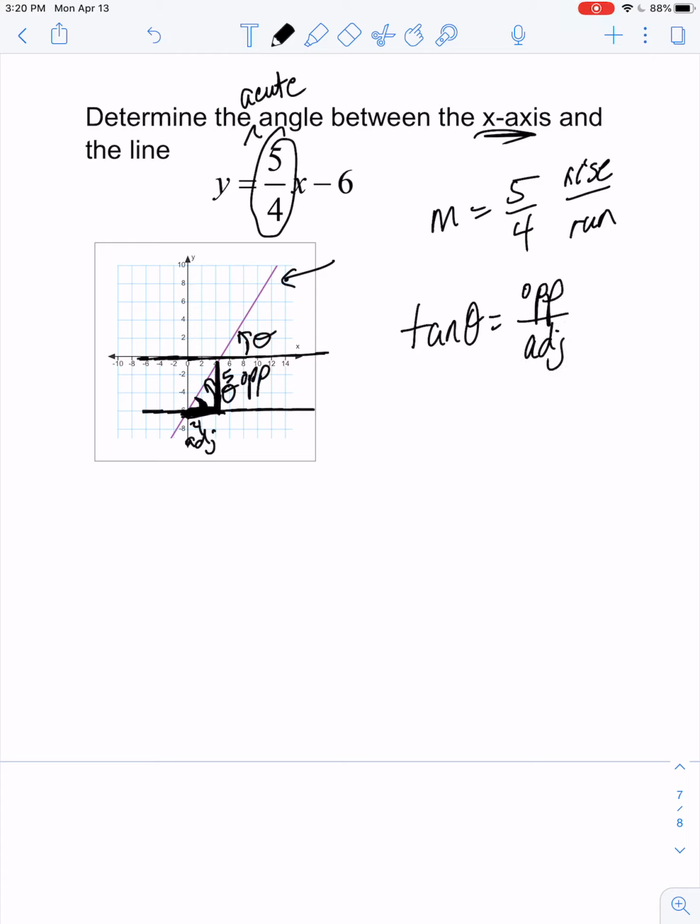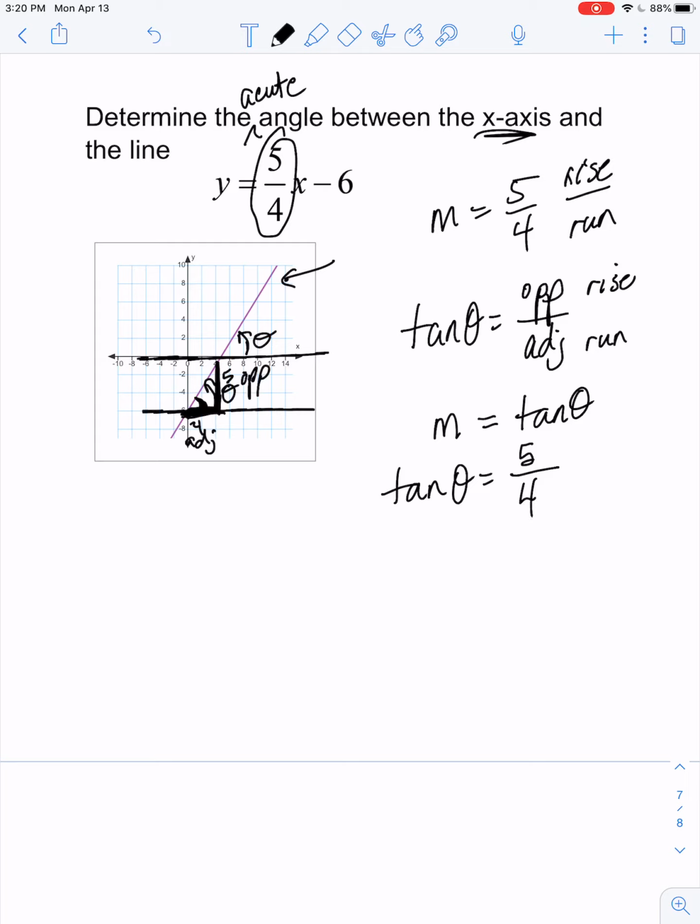The opposite is the rise and the adjacent is the run. So for any problem, the slope is equal to the tan of theta. That might be more important in a later grade, but it's good to see it now. So tan of theta equals opposite, which is 5, divided by adjacent, which is 4.